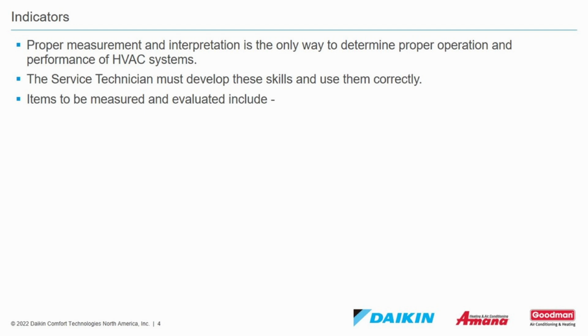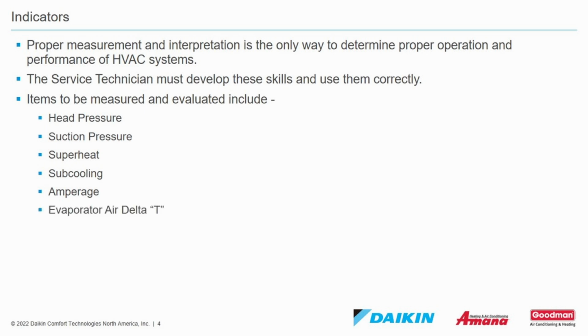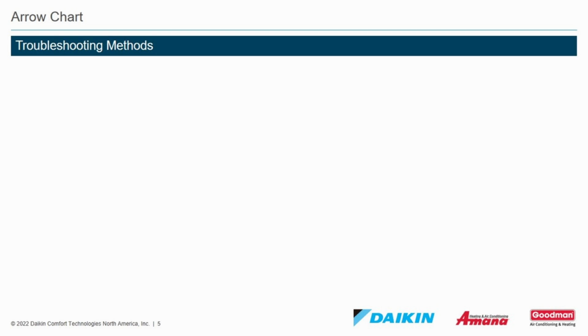Items to be measured and evaluated include head pressure, suction pressure, superheat, subcooling, amperage, evaporator air delta T or temperature difference, condenser air delta T, and observation. The arrow chart.